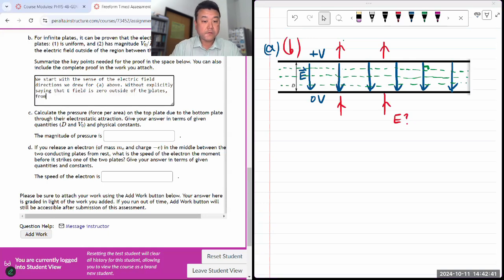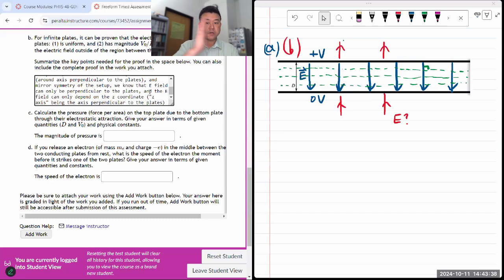Outside of the plates, from the translational symmetry, rotational symmetry around the axis perpendicular to the plate, and mirror symmetry, like flipping right and left, of the setup, we know that the E field can only be perpendicular to the plate, and the E field can only depend on the z coordinate, the z axis being the axis perpendicular to the plate.